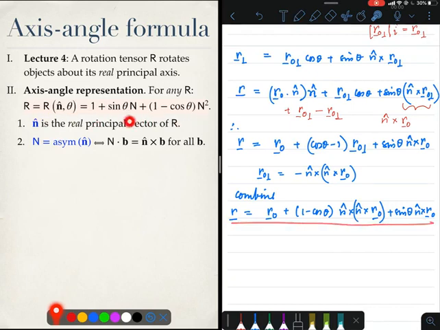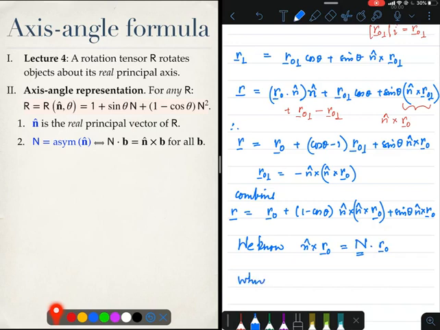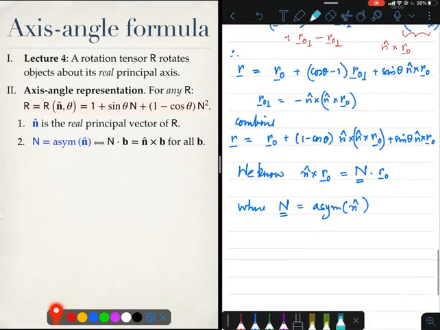These two look the same, but there is a capital, there is a tensor here and there are cross products here. Thankfully we have learned that every cross product can be expressed as the operation of an antisymmetric tensor, where n is the antisymmetric tensor associated with n, and we discussed this a while ago, right?